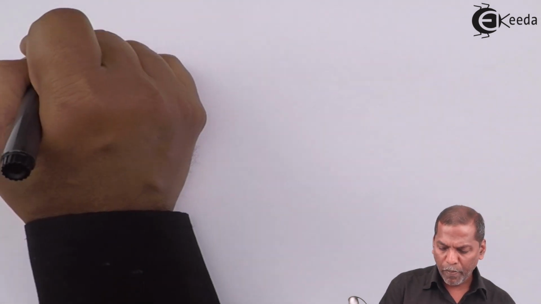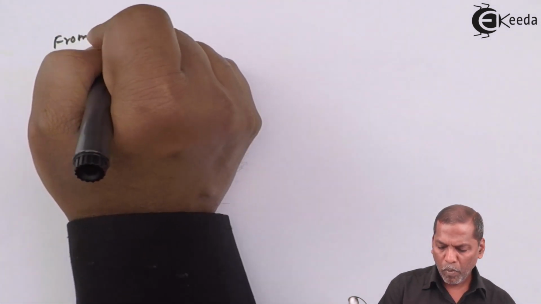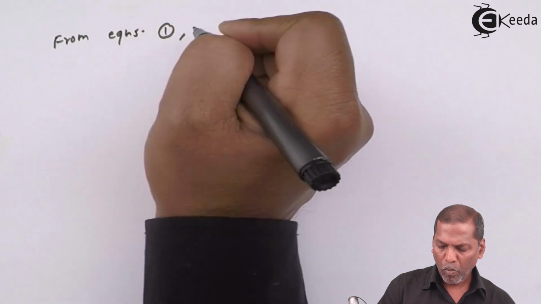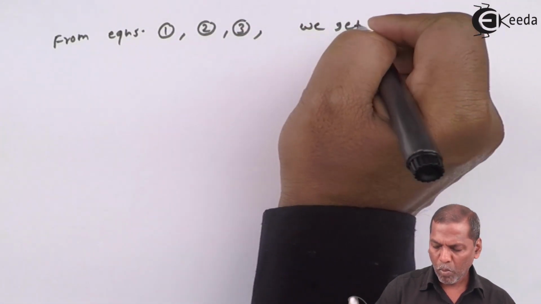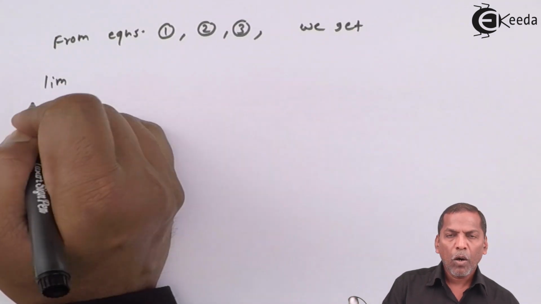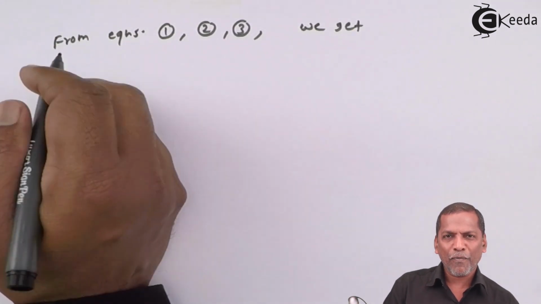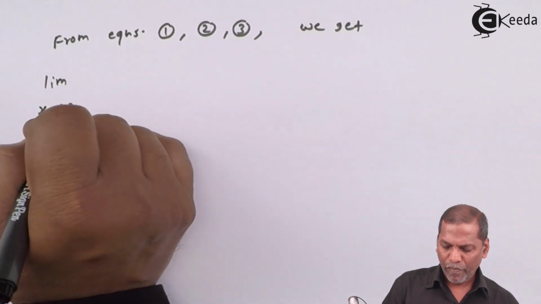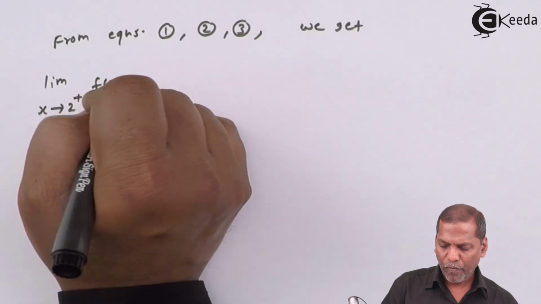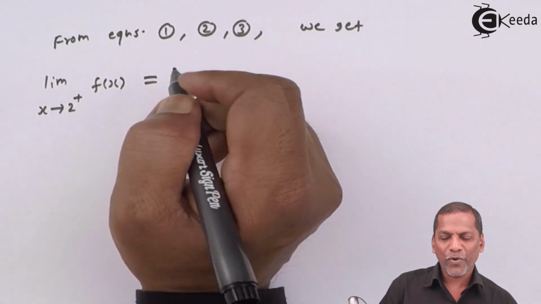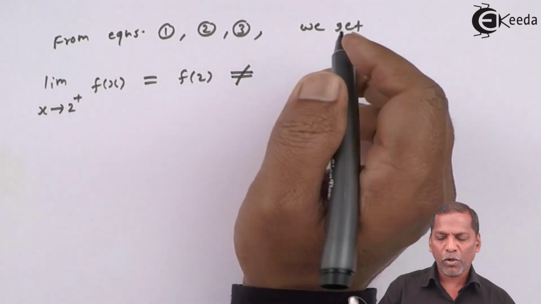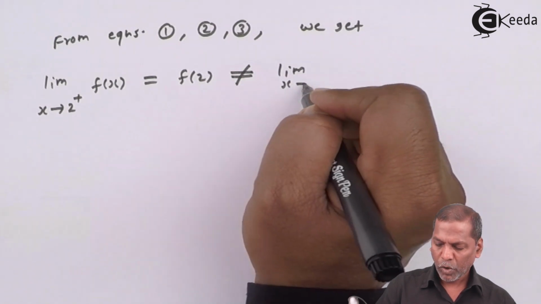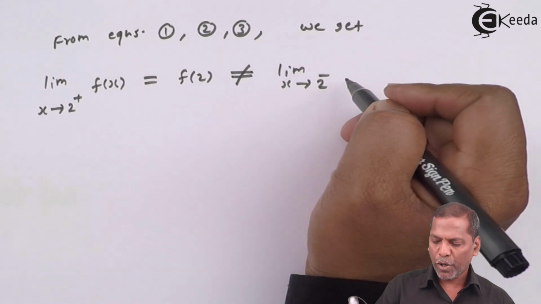Now from equations 1, 2, 3, we conclude that limit x tends to 2 plus f of x is equal to f of 2, and not equal to limit x tends to 2 minus f of x.